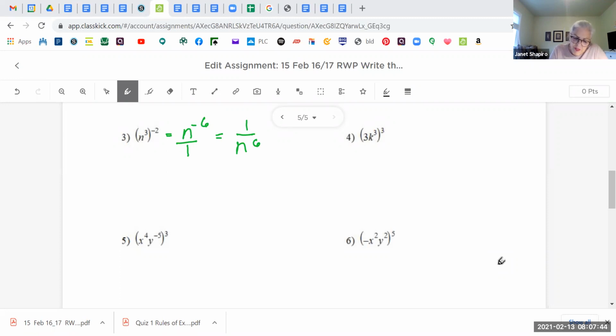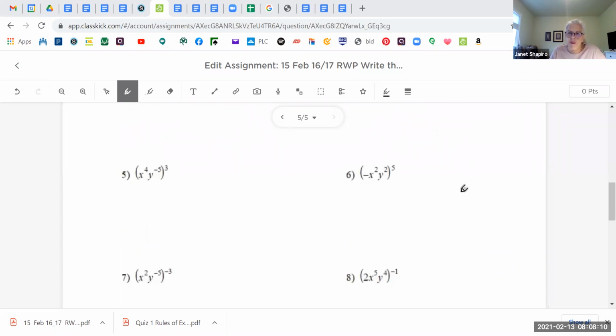All right. On number 4, reminding you that that 3 has a power of 1. So when I multiply these powers, I'm going to get 3 to the third, k to the ninth, and then 3 to the third is 3 times 3 is 9 times 3 is 27. So this is 27 k to the 9th. Couple more samples.